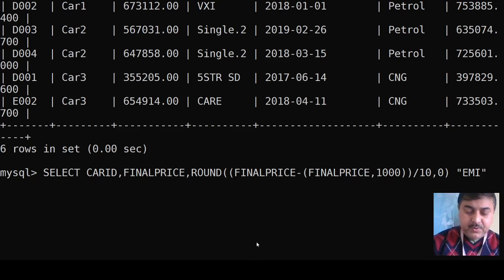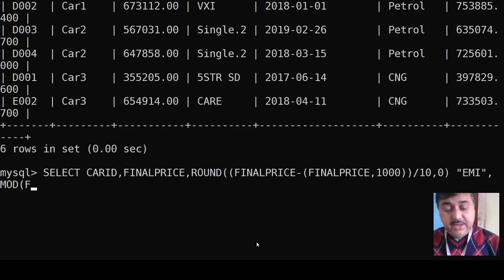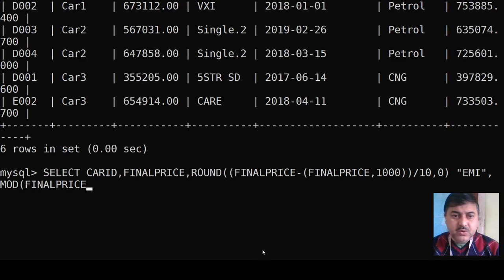So here we give one comma, then mod of what? Final price, mod of final price. Mod means final price is to be divided by 10,000, because we are taking that value, so final price comma 10,000.